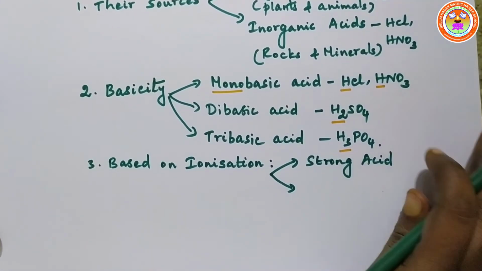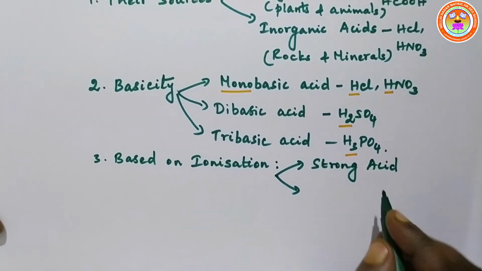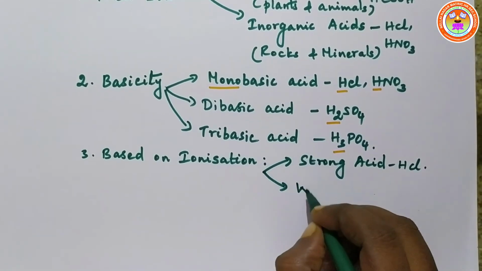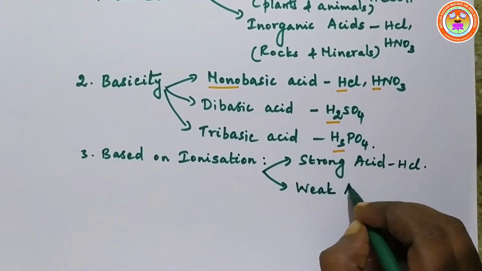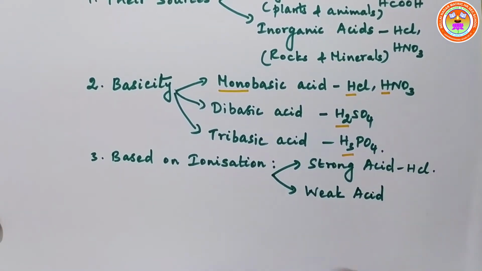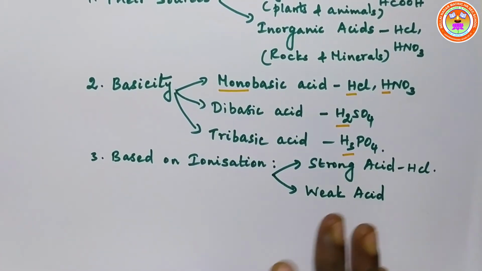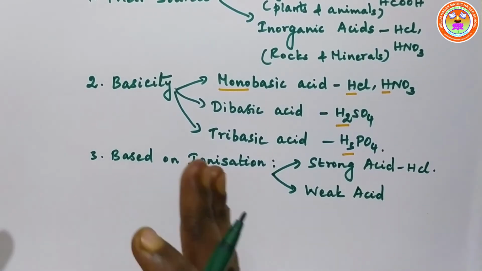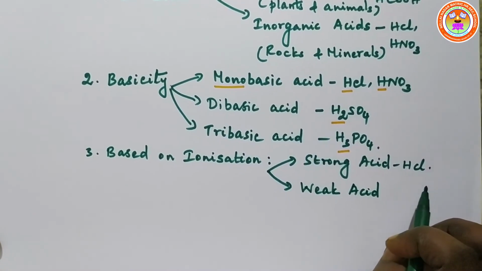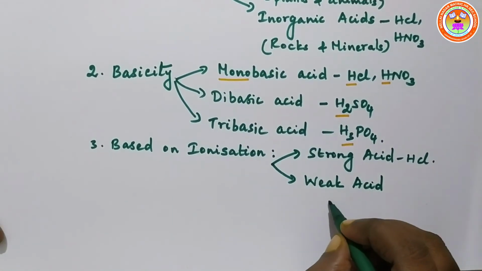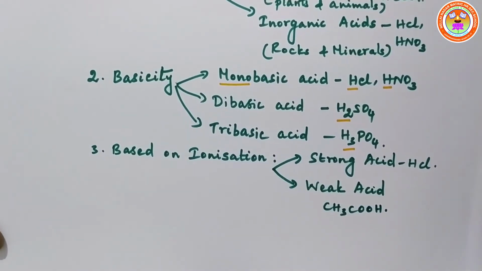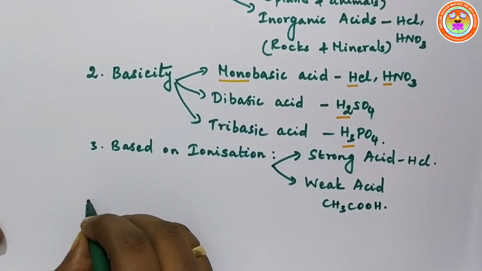An example is hydrochloric acid. A weak acid, when dissolved in water, undergoes partial dissociation. The formation of ions is not complete in a weak acid. An example is acetic acid, CH3COOH.